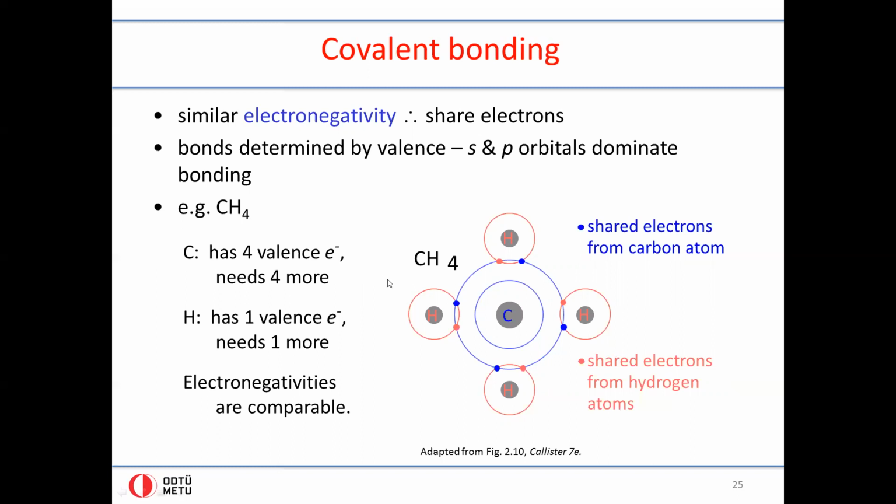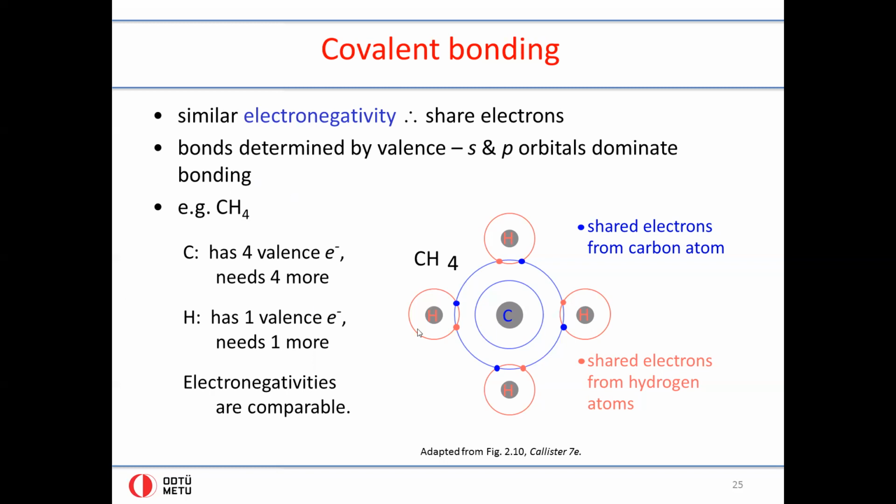Here the idea is, again, C needs 4 more electrons to become stable, and H needs to take on 1 more to become stable. So they both need extra electrons to feel happier, to feel stabler.